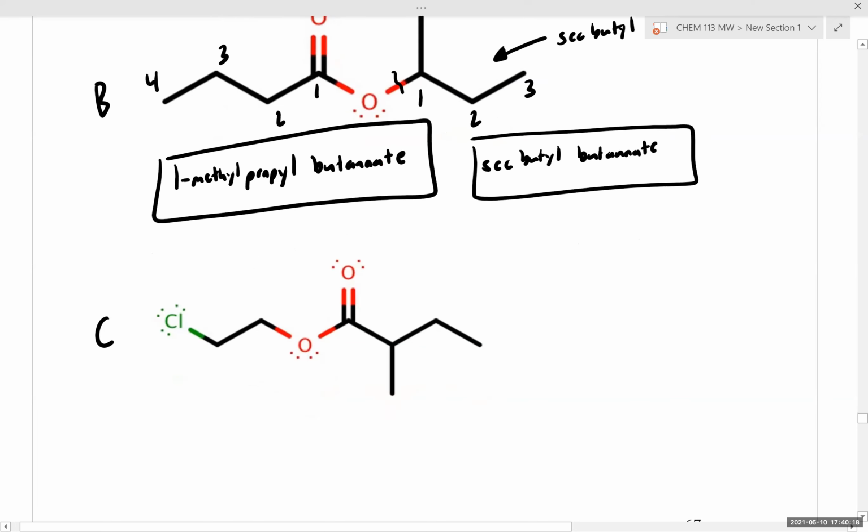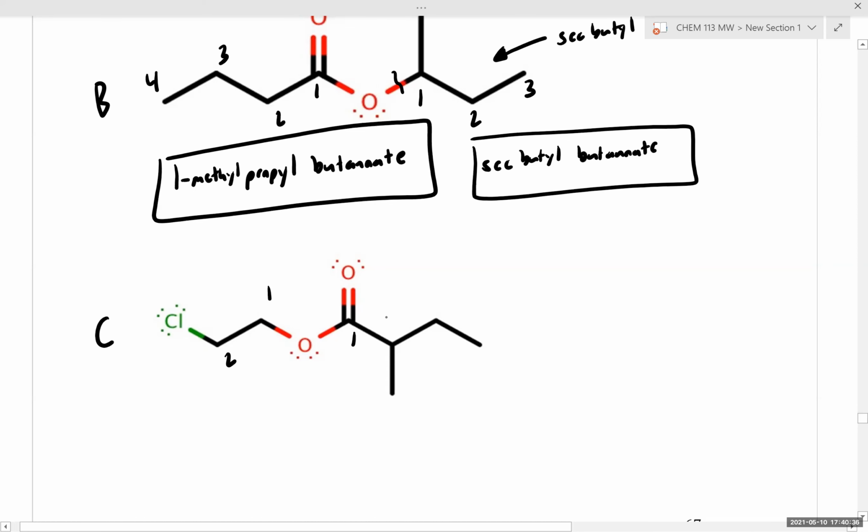Okay, so let's try to name compound C. In this case, we have a pretty complex ester with functionality and substituents on the alcohol and our carboxylate chain.